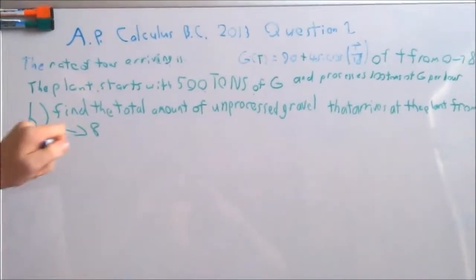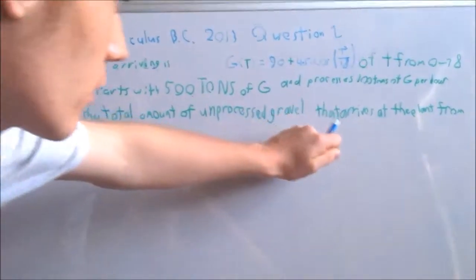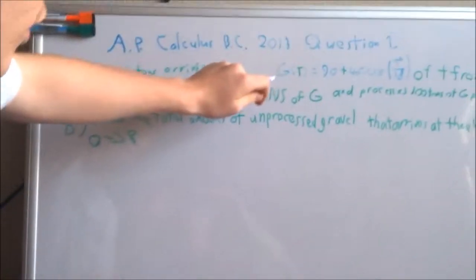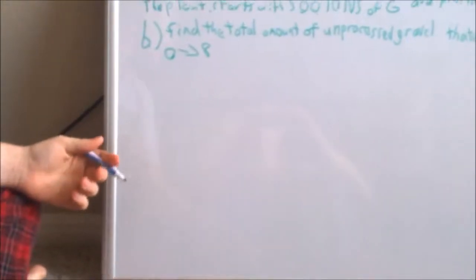All they want you to do is find the total amount of unprocessed gravel that arrives at the plant from 0 to 8. We already have the rate, g of t. Therefore, integrals of rates, right?